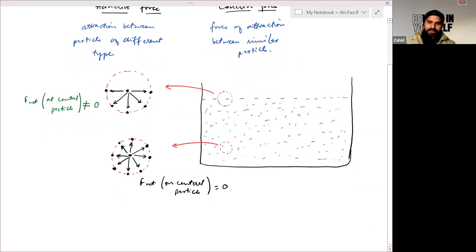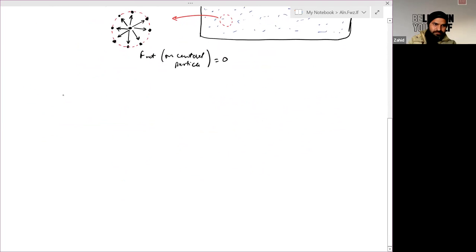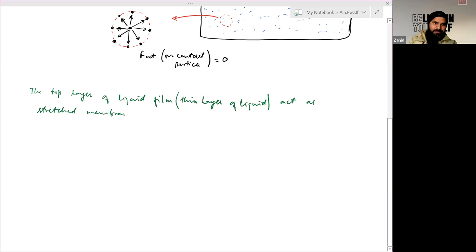So we may define surface tension as: the top layer of liquid film acts as a stretched membrane due to molecular interaction.